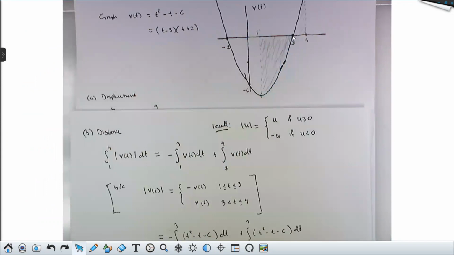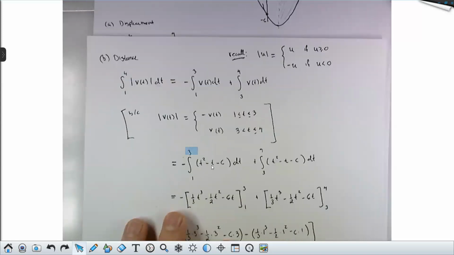I wanted to count this area as positive. So after finding this area, we multiply by a -1 to make it positive. This integral right here would be that area, and this negative is what's going to make this negative thing positive. You multiply negative by negative, and it will become positive.